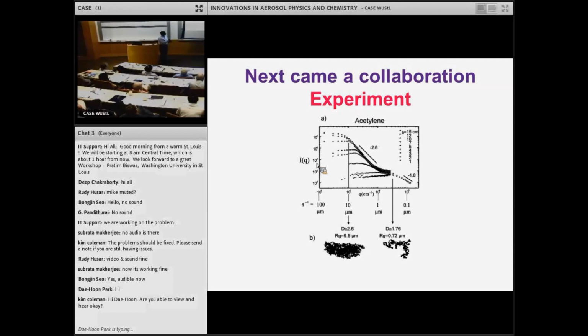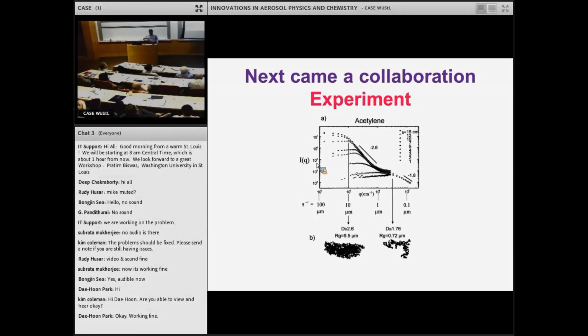What could that be? And then they can characterize the clusters. This is your typical 0.5, 0.7 micron clusters, fractal dimension of about 1.8, and then these are the larger clusters, about 10 micron or so. It starts at about 1 to 5 microns up to 10, and this seems to have a fractal dimension of 2.6.